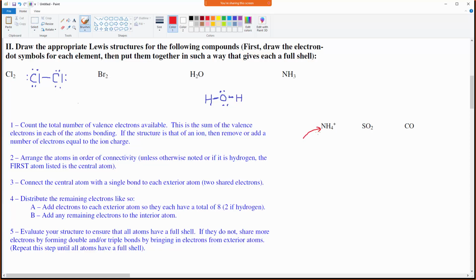so as an element, it comes in with 5 valence electrons. So yes, those are available for bonding, but I'm not going to give them to the nitrogen yet. Then we have 4 hydrogen atoms, and they each come in with 1 valence electron.